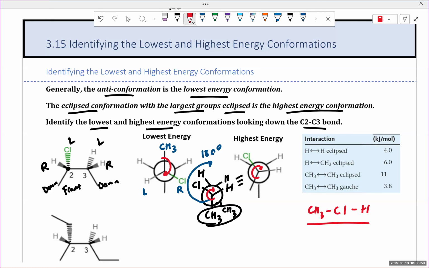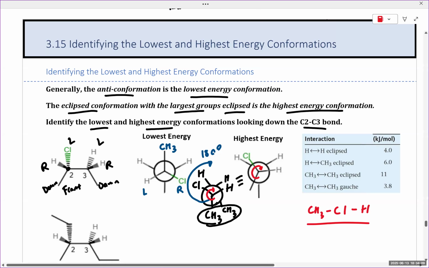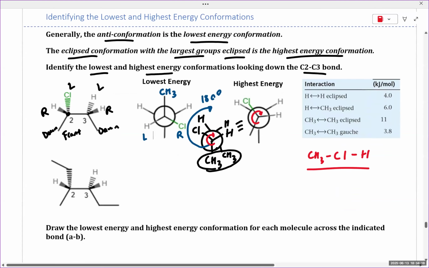So we didn't do anything weird. We didn't accidentally break a carbon-carbon bond. Always just make sure that your bond connectivity is retained, because if you change the connectivity of your bonds, you can end up drawing an entirely new structure.